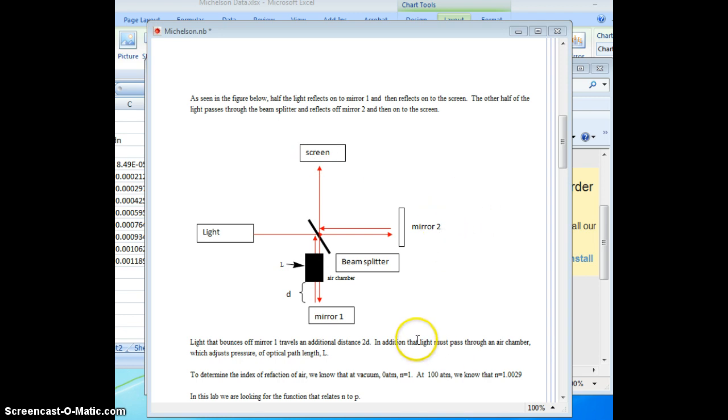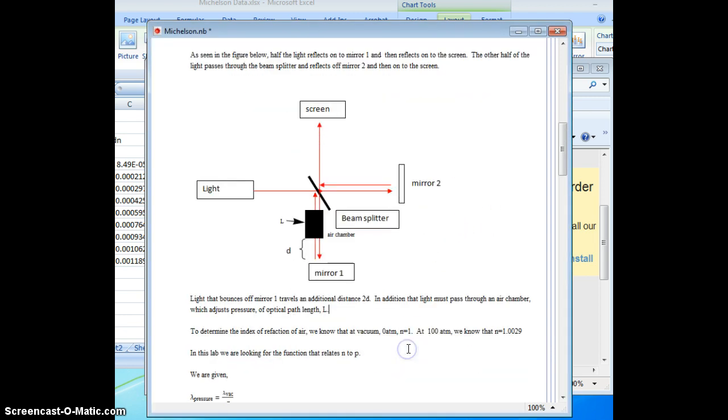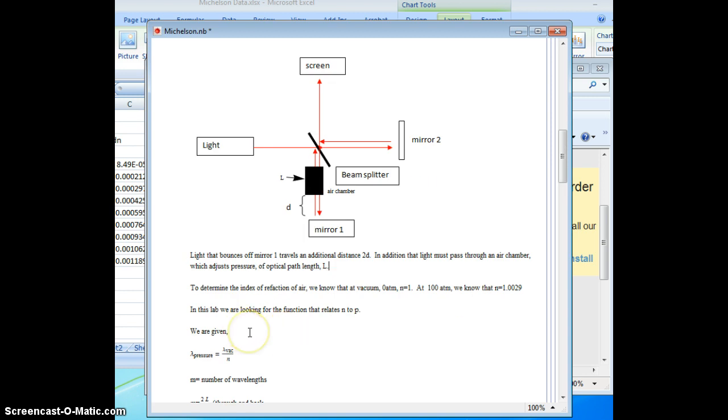So then we are given the relationship: wavelength under pressure is equal to the wavelength in vacuum, which we know, divided by the index of refraction.